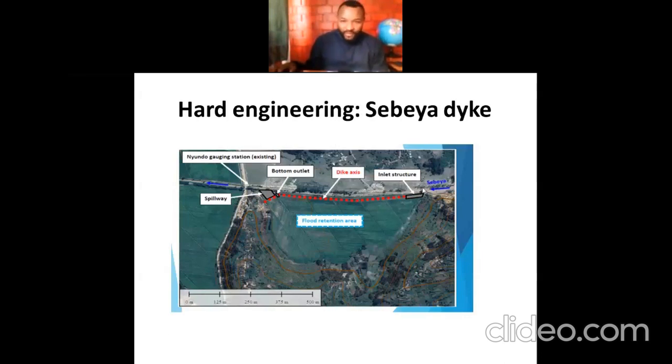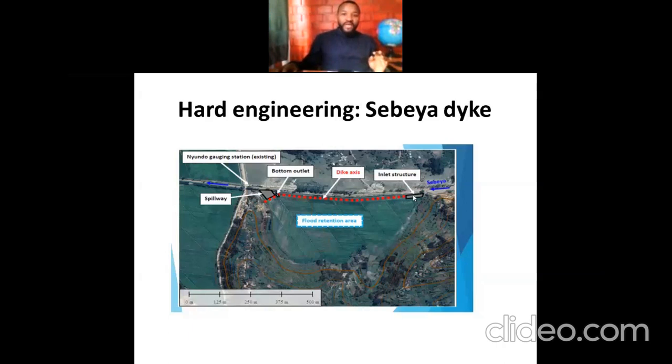So the main channel, the river is passing here. With the blue arrows, it's written Sebeya. And the red dots here are showing the dike axis. It is a raised platform, a raised shape, like a wall that separates the main river and the retention area.